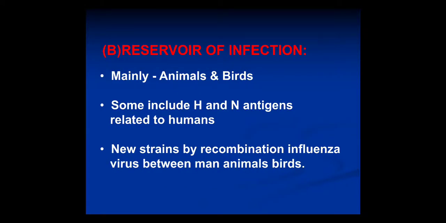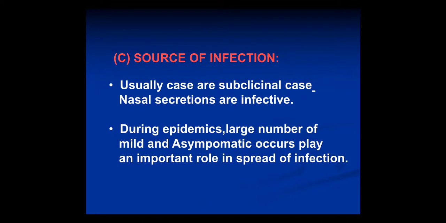Coming to the reservoir of infection, mainly animals and birds. Some include H and N antigens related to humans. New strains can arise by recombination of influenza virus between man and animal or bird. So the source of infection is usually a case or subclinical cases; nasal secretions are infective.